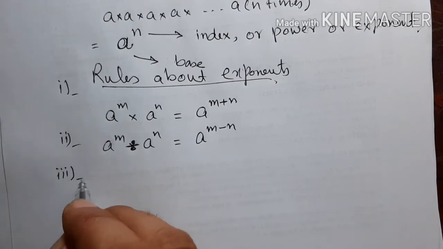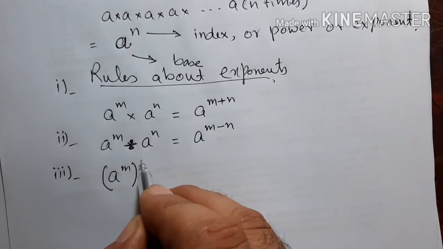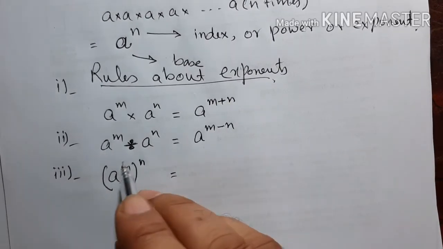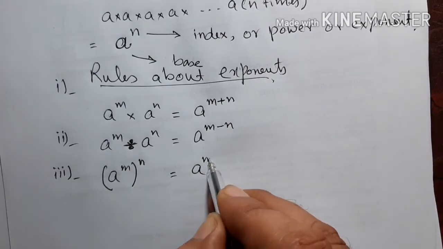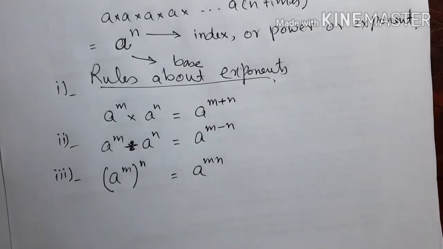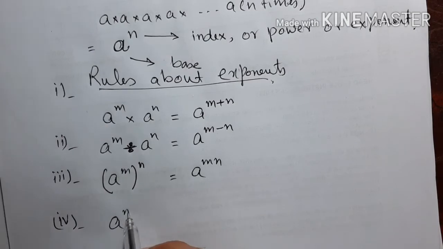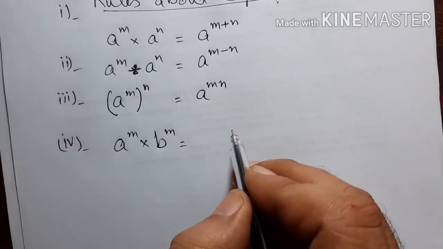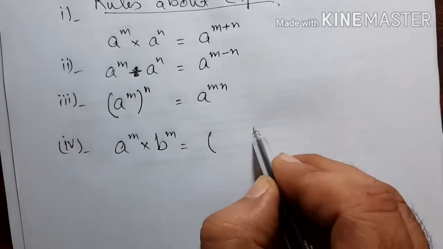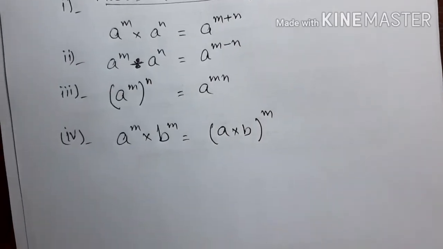Number three, if there is double exponent or double index on the same base, then these two indices will multiply each other on the same base. That could be written as n. Or if there are different bases with same exponents, then we can write these bases as a product under the same exponent.